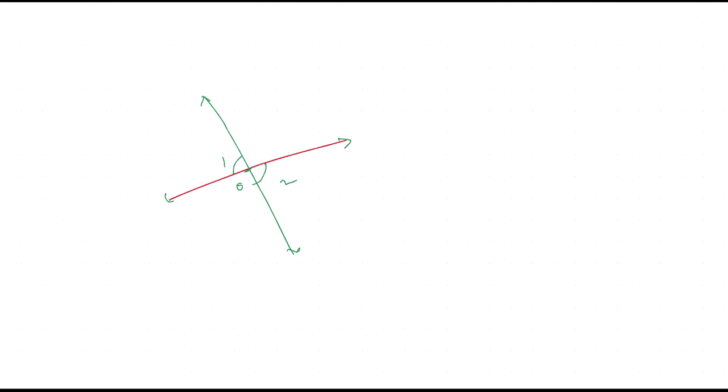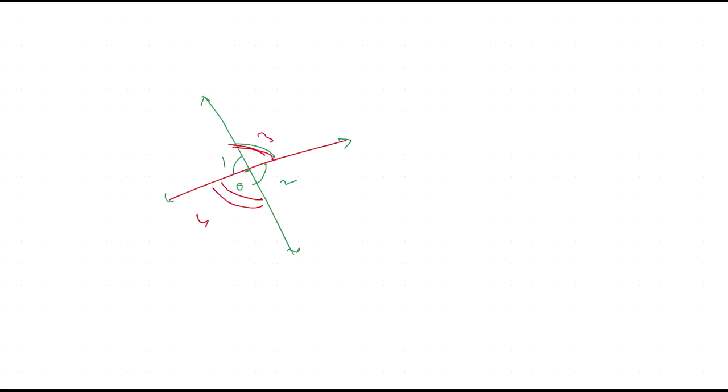Now after that we can see here also, 1 angle here, 1 angle here. That is 3 and 4. Vertically opposite angles are equal.